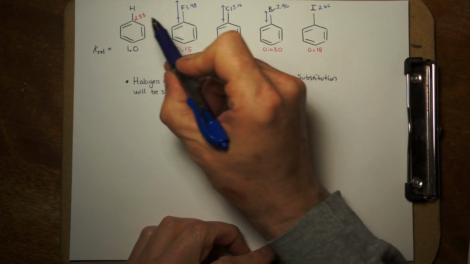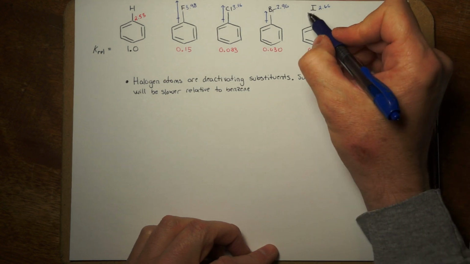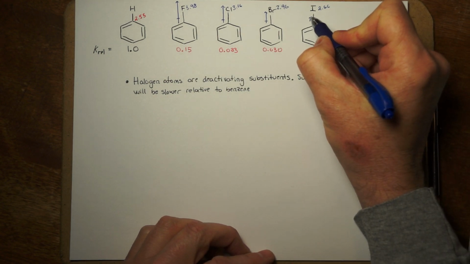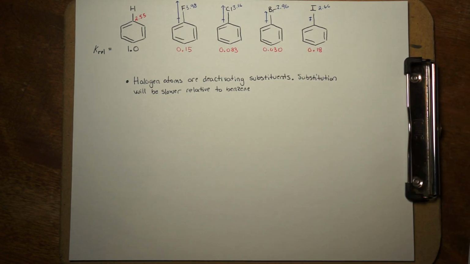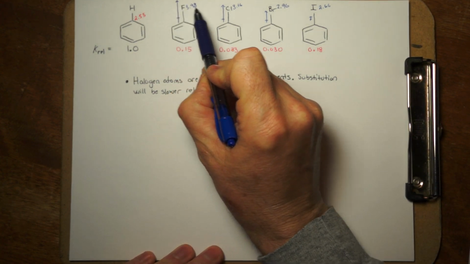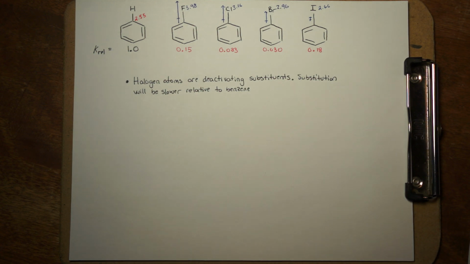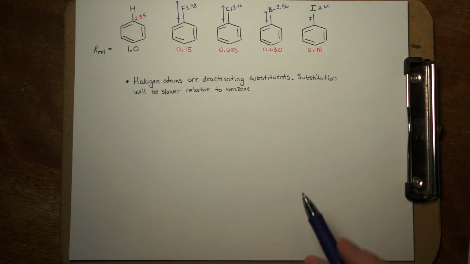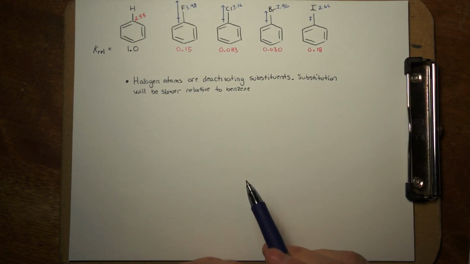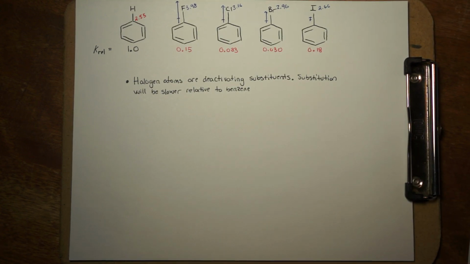So not much of a difference between carbon and iodine, but still enough to deactivate that ring a little bit. So you can see that each of these is pulling at least a little bit of electron density out of the ring. It's going to make that benzene less reactive and therefore decrease the rate of electrophilic aromatic substitution.